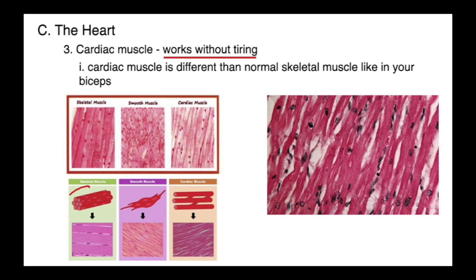There's this kind of structure, so these strands, and then your cardiac muscle has these strands, but then also has these connectors, okay? So anyway, that's what the muscle looks like. There's different types of muscle structure in your body.